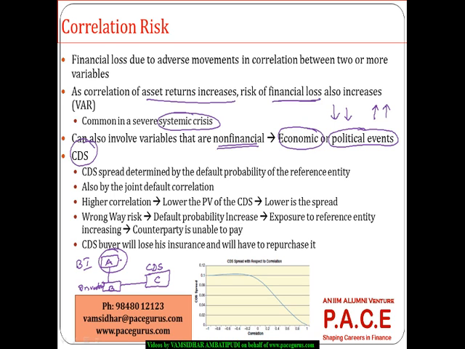That is a typical credit default swap. And to make sure that C is reimbursing, B is continuously paying a premium to C, and C will reimburse the loss in case A defaults.